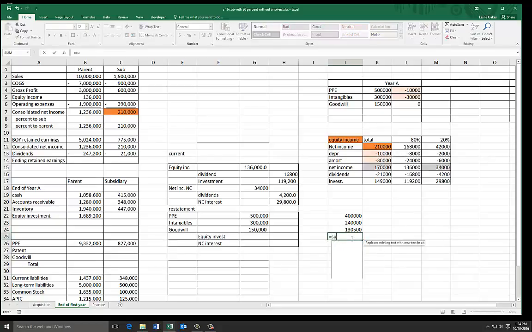I'm going to add those together, and that is going to be the amount that we credit for the equity investment.